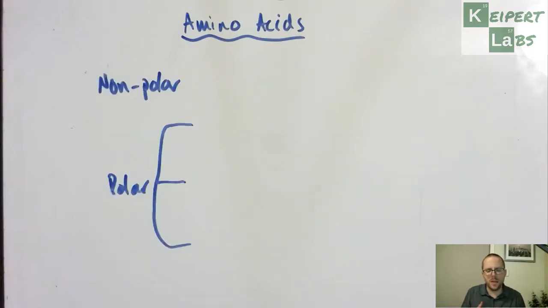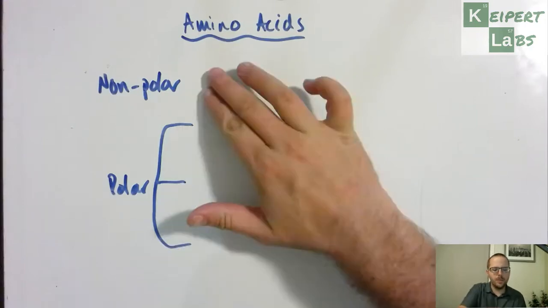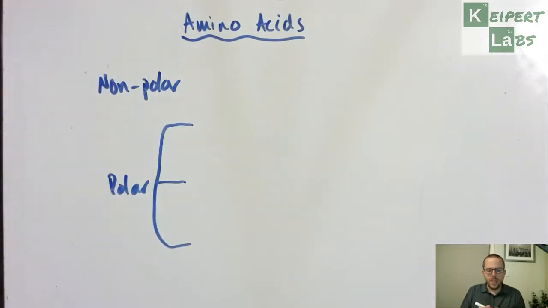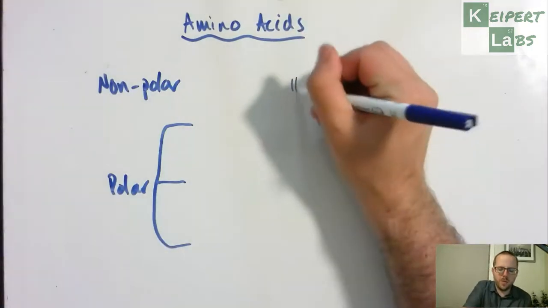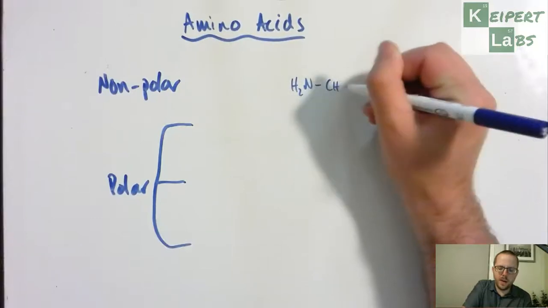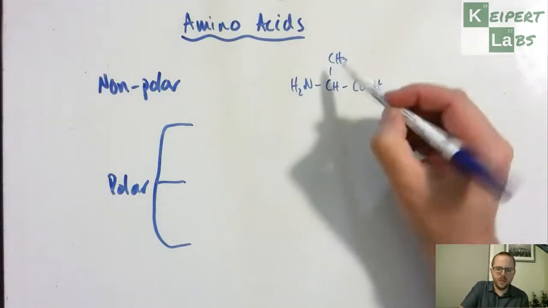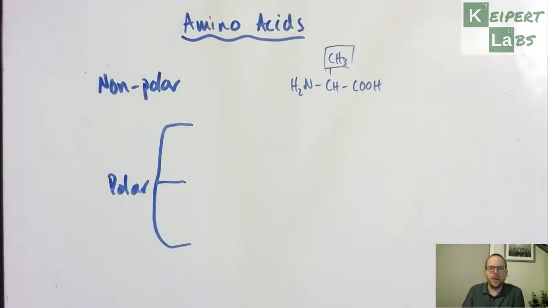Okay, so when we're thinking about the nature of these side chains, there's two main categories that we would consider them to be in: non-polar and polar, based on exactly what interactions we have here. Our non-polar example might be alanine with the CH3. Okay, so that's non-polar. Our R groups are mainly just carbons. It can be small like this, we can also get bigger.